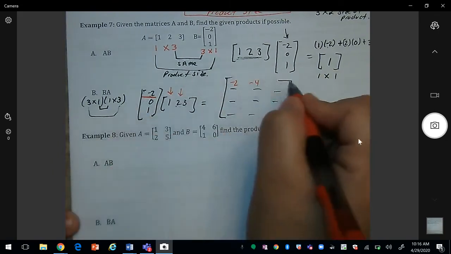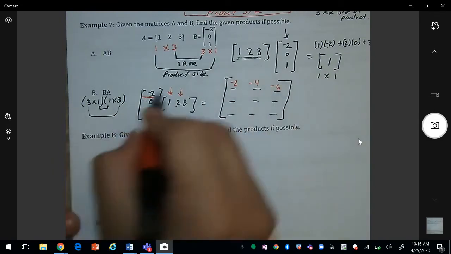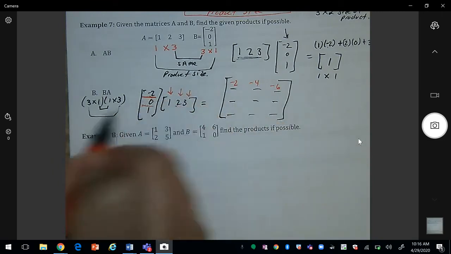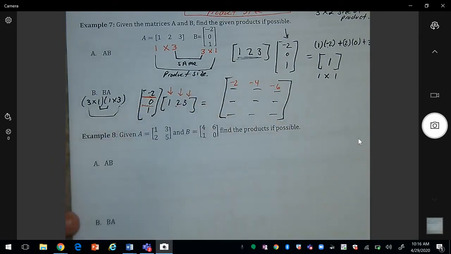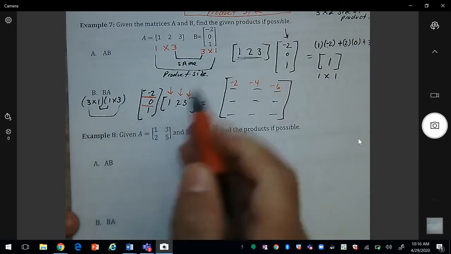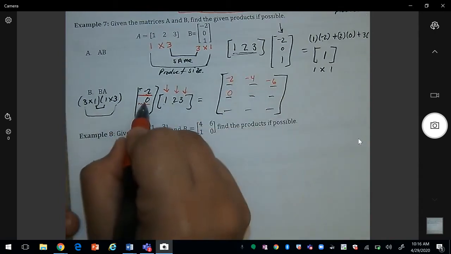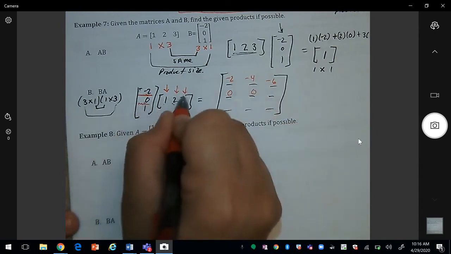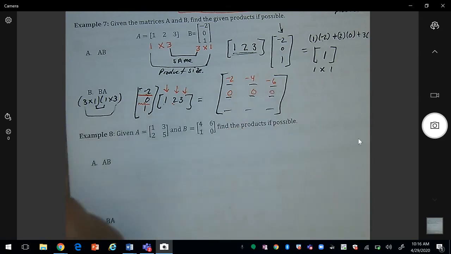Negative 2 times 3 is negative 6. And there's no more columns, so that means we can move on to the next number, which is 0. So we start the same process, 0 times the first column, which is 1. That's 0. 0 times the second column, so 0 times 2 is 0. And then 0 times the last column, which would give us a 0.